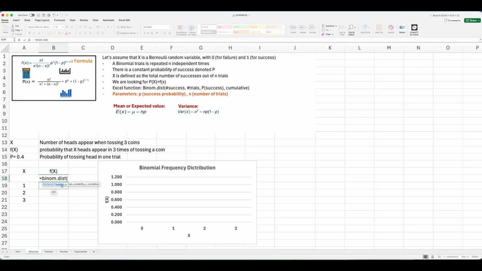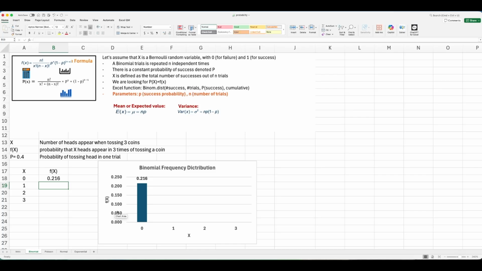The first input is the number of successes we are looking for, that's 0, out of n trials, we are tossing 3 coins. The probability of getting head is 0.4, and it's not cumulative because we are looking at only x being 0, just one number. So we put false, and that gives us the probability of getting 0 heads.